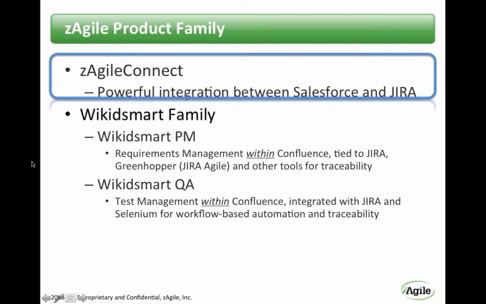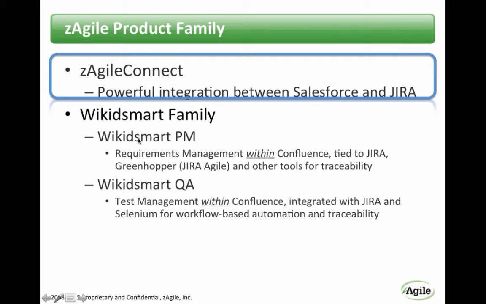In terms of our product family, we have two different families of products. There's zAgileConnect, which we will talk about today. zAgileConnect provides very powerful integration between Salesforce and JIRA, and it supports both JIRA Cloud and JIRA Server.